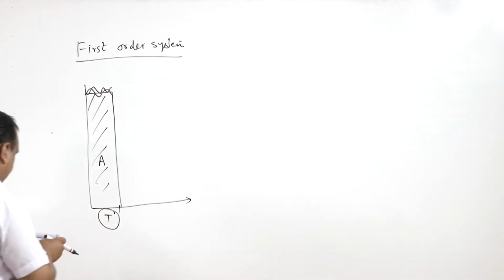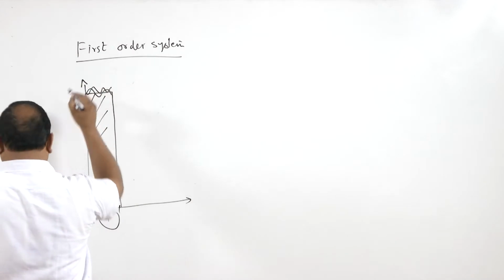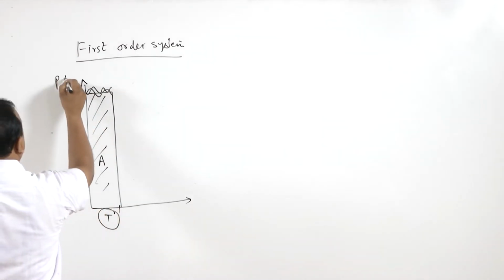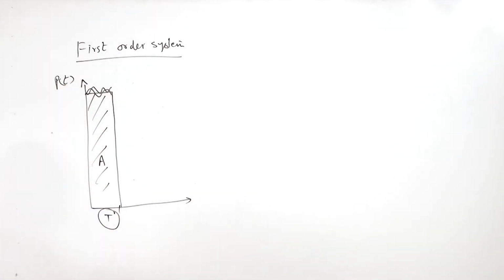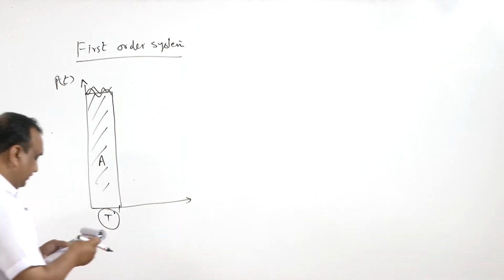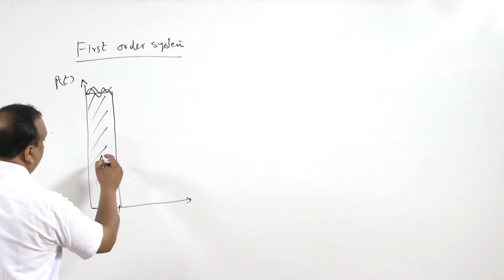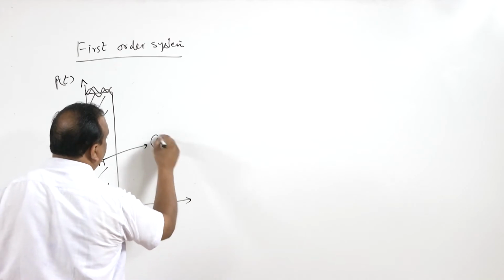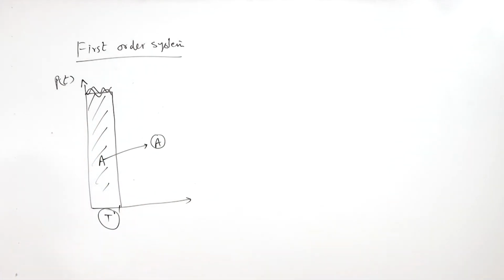And this is the pulse. Now it is a limiting process and it has a functional strength of A, right?